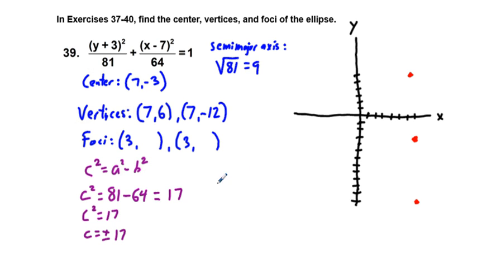So what we're going to have is our foci located at 7, comma. What we're doing is we're going to take negative 3, because we're starting at negative 3. So I'm just going to put it like this. At negative 3 plus square root of 17.